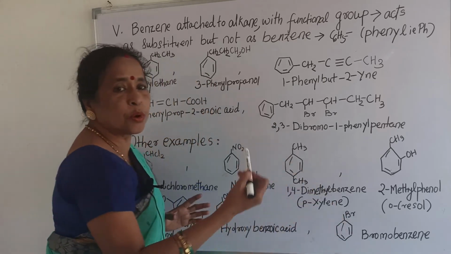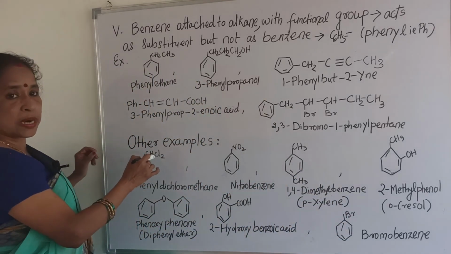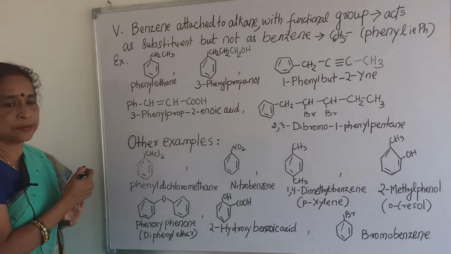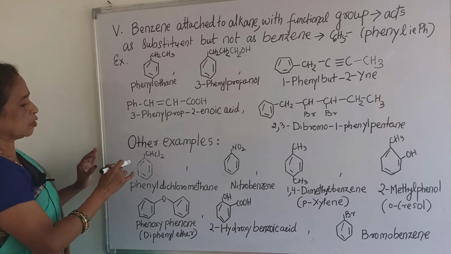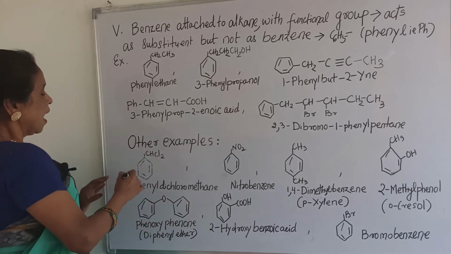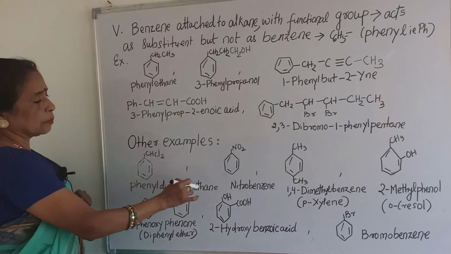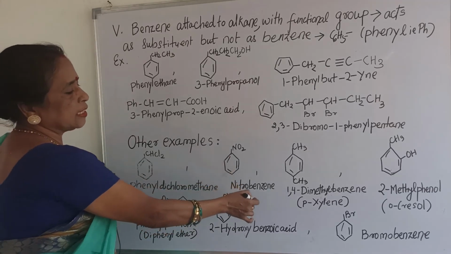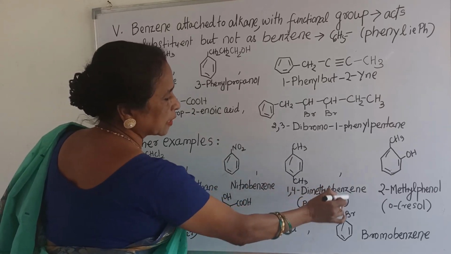Again see this example, if CHCl2 is attached, the main root alkane is methane. In methane 2 hydrogens are replaced by chlorine, and here the phenyl group is there, that is why phenyldichloromethane, and it is simply nitrobenzene. It is 1 and 4 position, 2 methyl groups, so it is 1,4-dimethylbenzene.